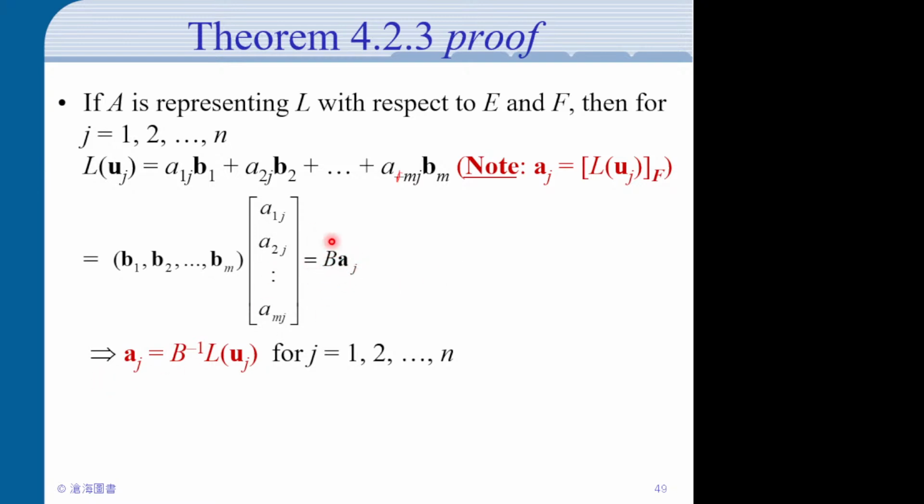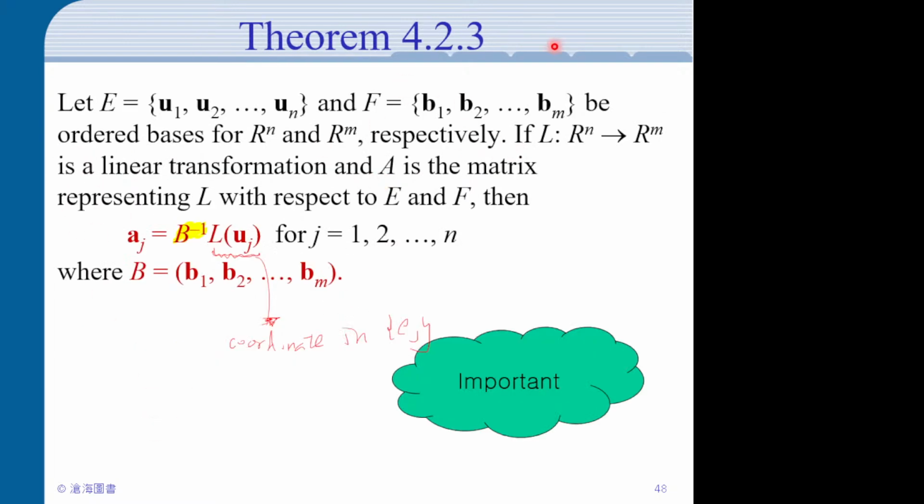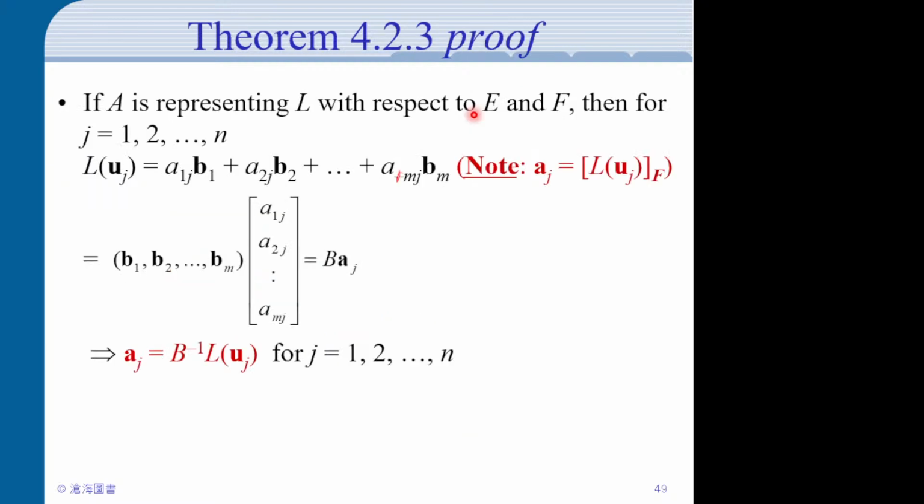So B inverse times B equals 1, so we get Aj here, and the right hand side becomes B inverse L of Uj. On a high level, we are just doing this change of basis. We were writing L of Uj in standard basis and we want to change it into the basis of B, so we apply B inverse. Okay? Any question?